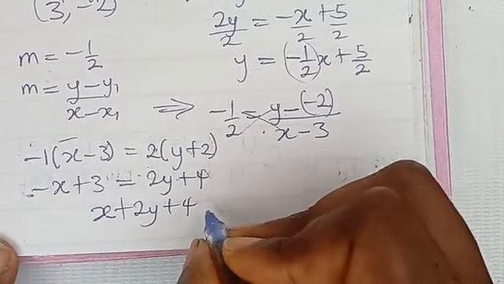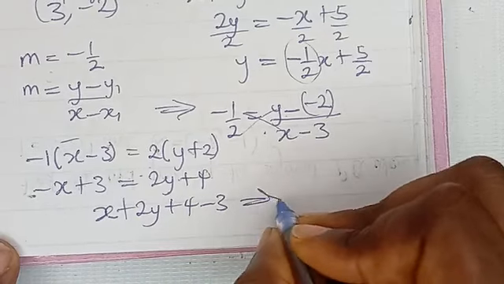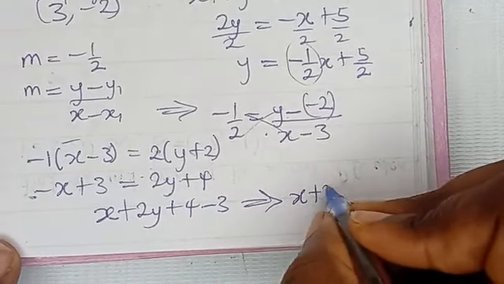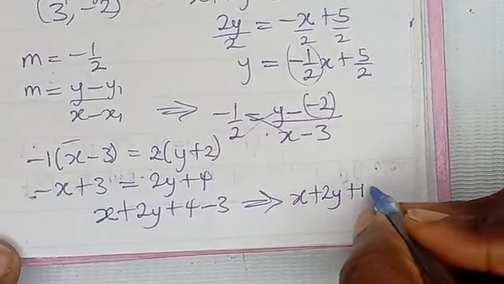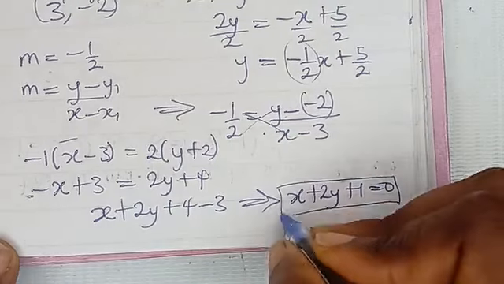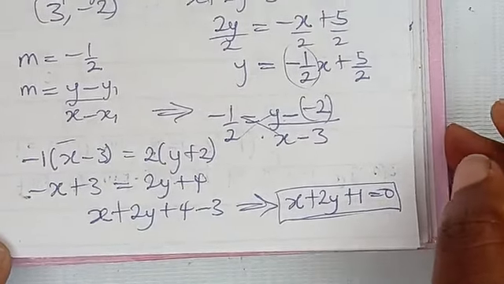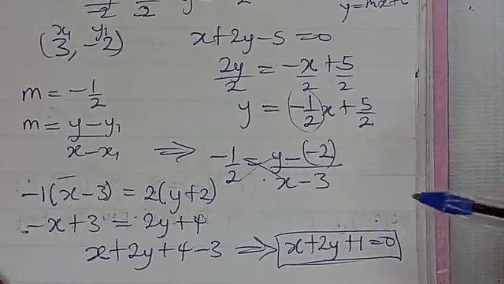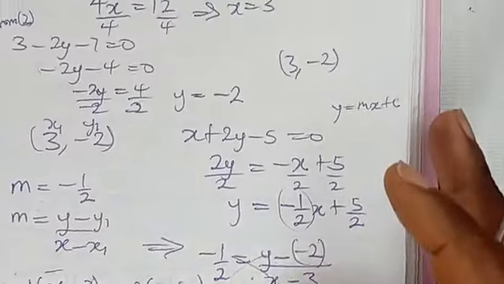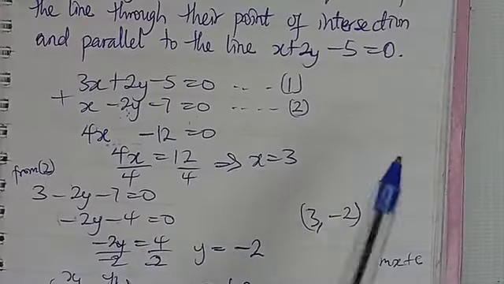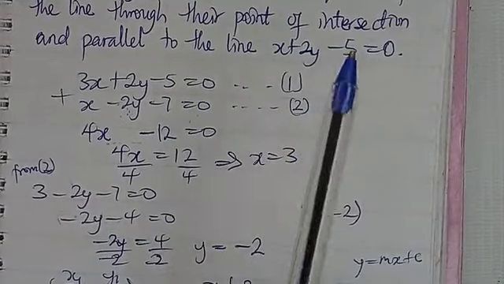The plus 3 crosses over to be a minus 3. So this gives us x + 2y + 4 - 3 = 0. This is the equation of the line that passes through the point of intersection and is parallel to the line given in the equation.